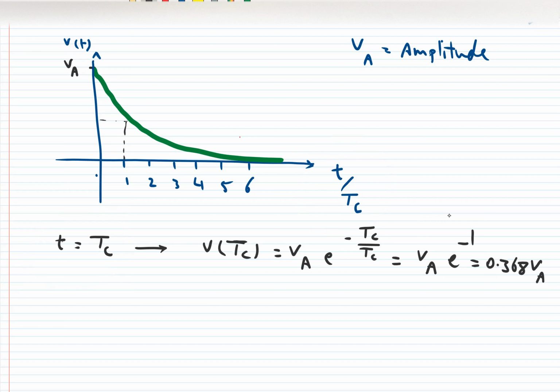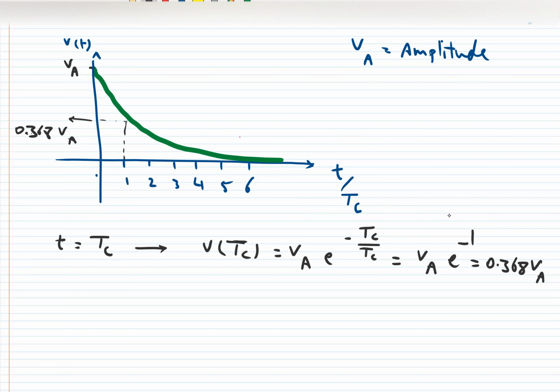And if we find the value of the signal in the vertical axis, it is equal to 0.368 Va.